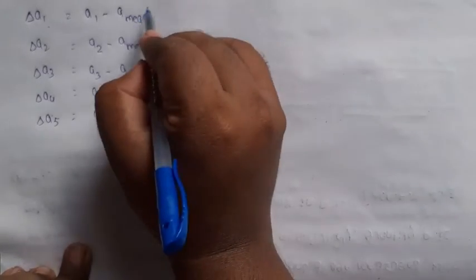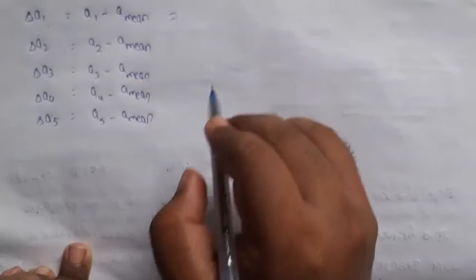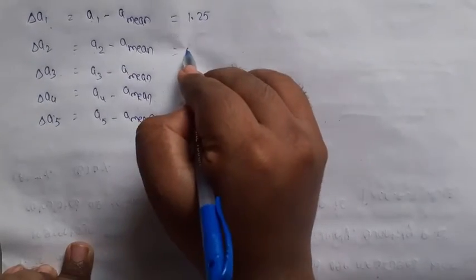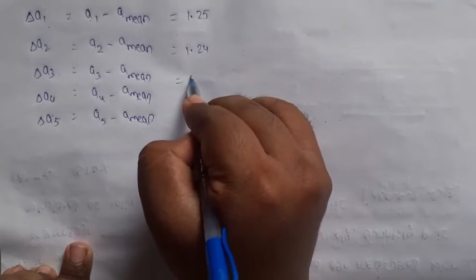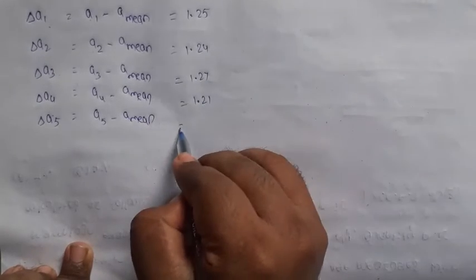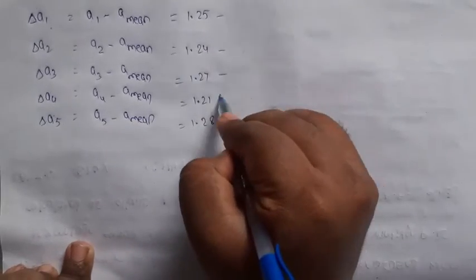We already know the A mean value and the A1 value. A1 value is 1.25, A2 value is 1.24, 1.27, 1.21, 1.28. Subtract the original value.